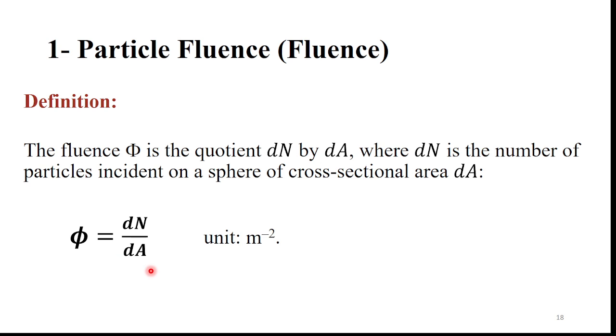So the ratio between the number of particles and the area is the fluence. The unit for fluence is particles per square meter, and we usually use m^-2, meter minus 2.